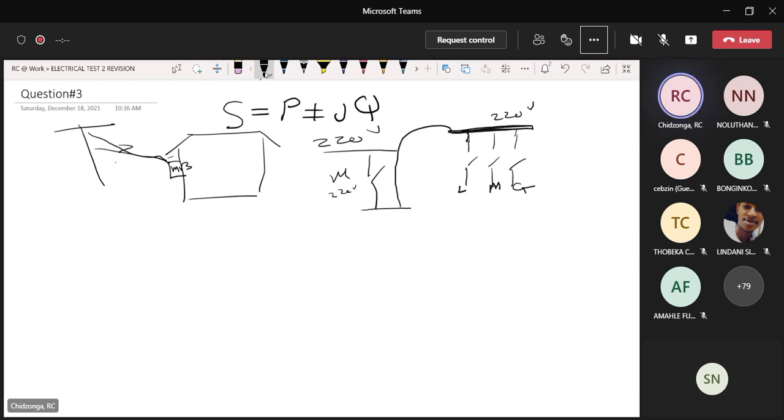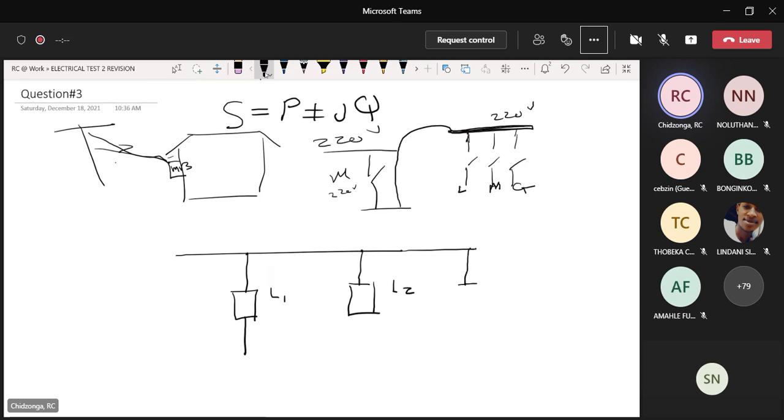So in your house, you'll have a load like this. This is one load, let's call it load 1. Then you'll have another load, load 2, and another, load 3. So these are your three loads that are connected.